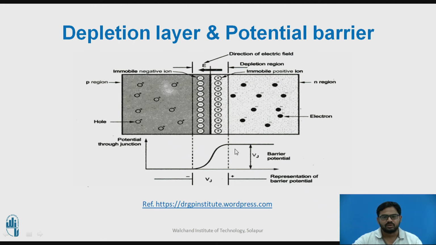This is the potential barrier. This barrier is for the holes crossing from the P side to the N side, and there is one more barrier which obstructs the flow of electrons from the N side to the P side. So this is the depletion region and the potential barrier. At equilibrium, the potential barrier height for the holes and for the electrons are nearly equal.